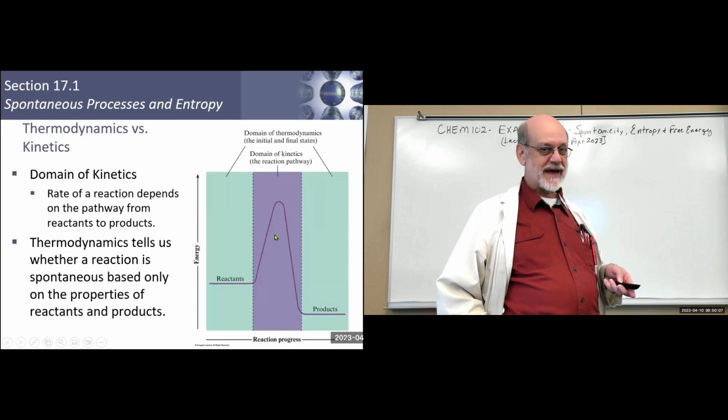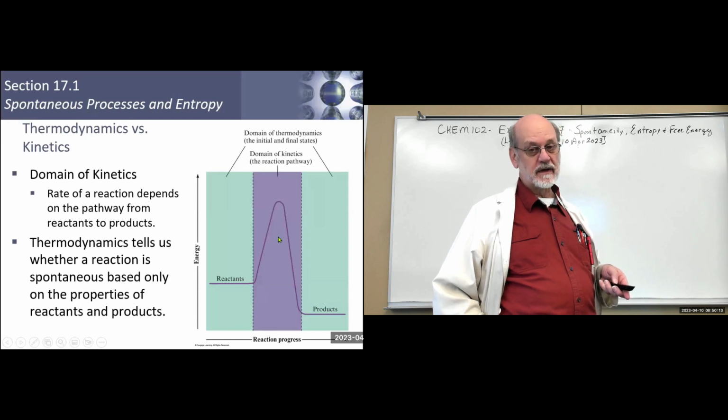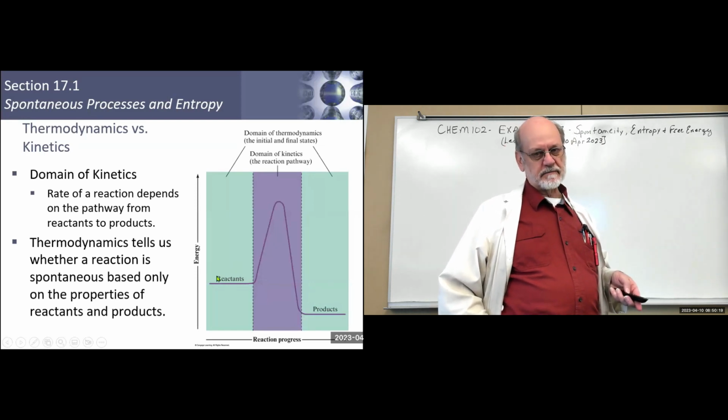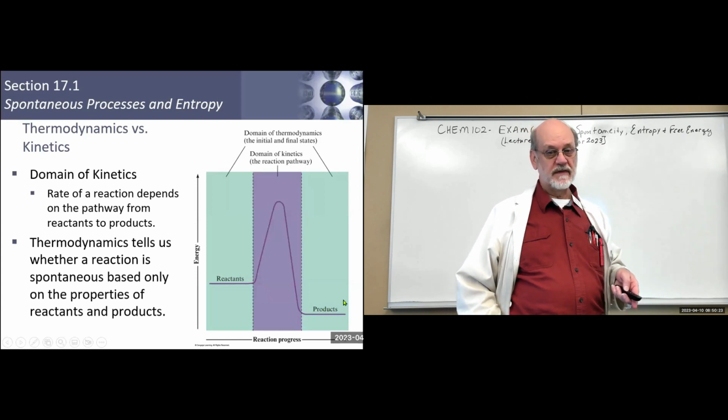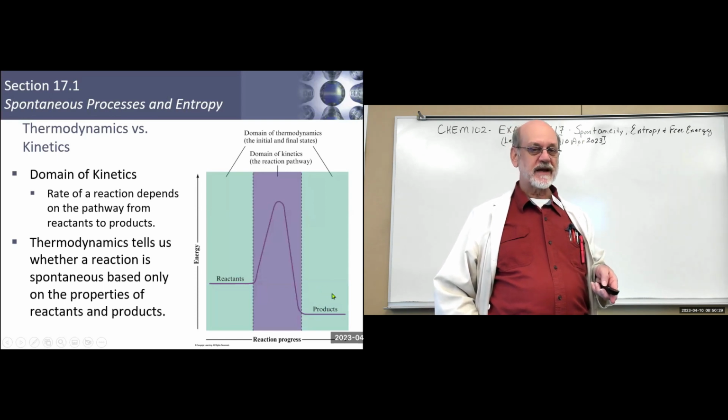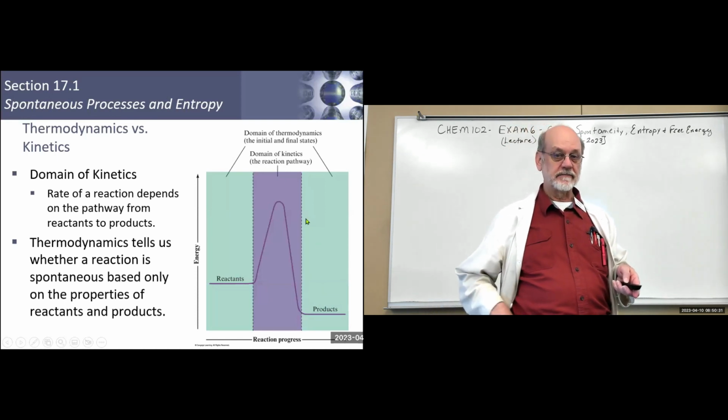But if we can put a catalyst in there and drop the activation energy down, then we can speed up the reaction. But the source and the destination are still the same. And that's an area we've studied so far, equilibrium. And thermodynamics picks up on equilibrium again.